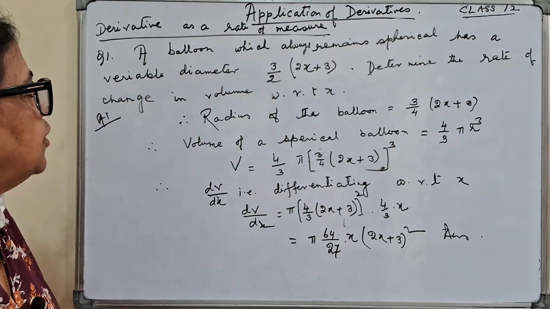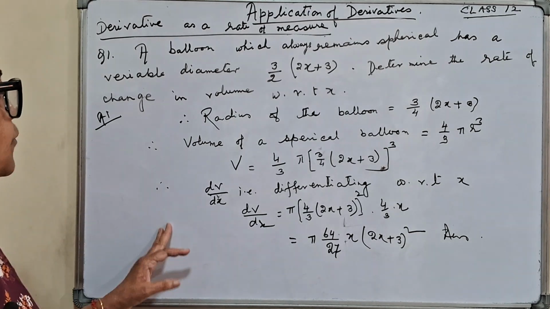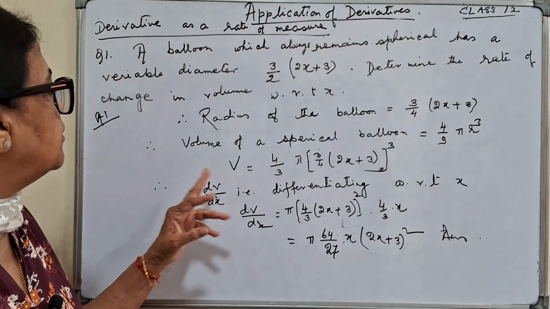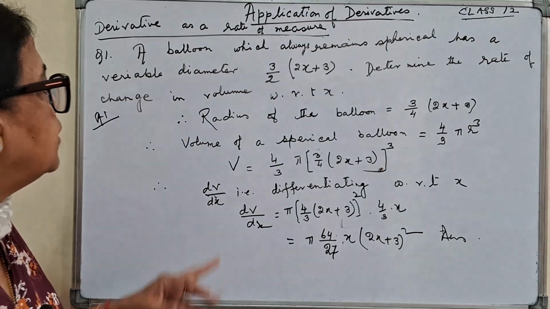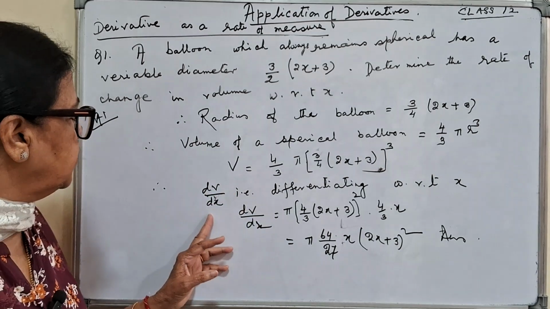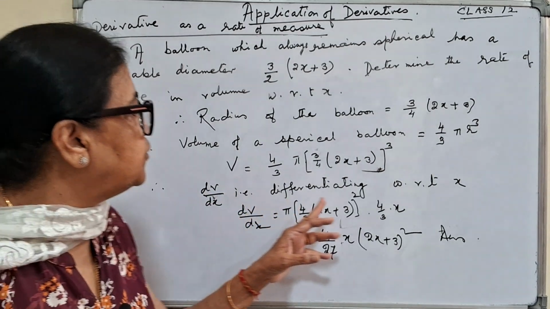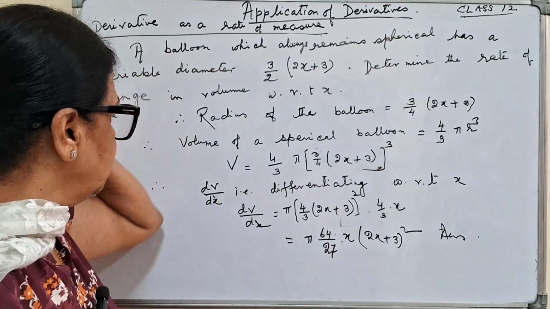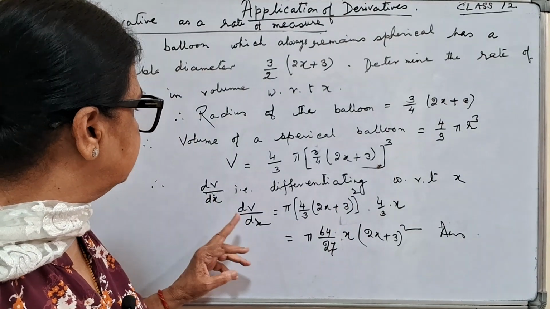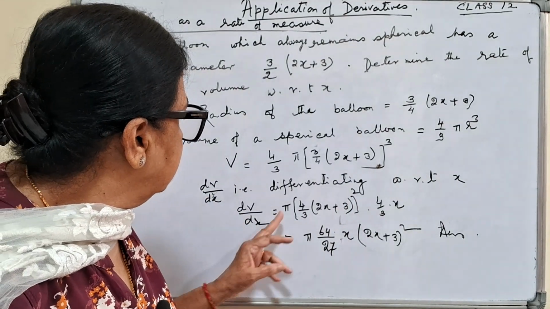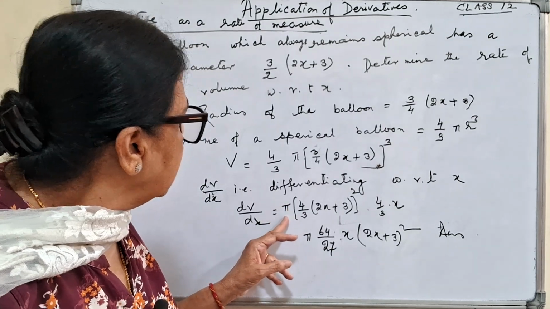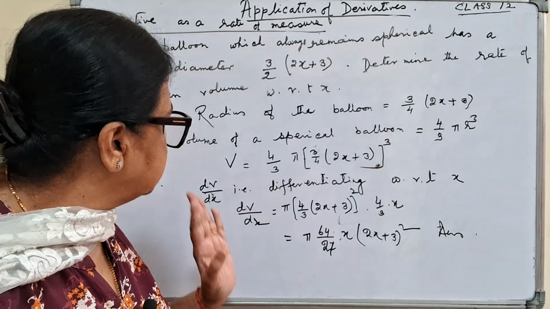So, the rate of change of the spherical volume, V equals this. Therefore dV/dx means differentiating with respect to x. Pi is a constant, I will leave pi as it is.